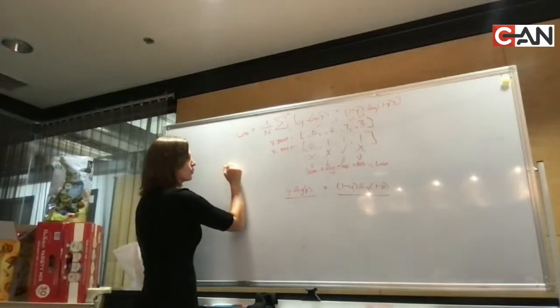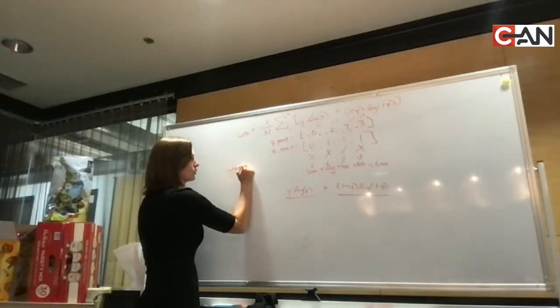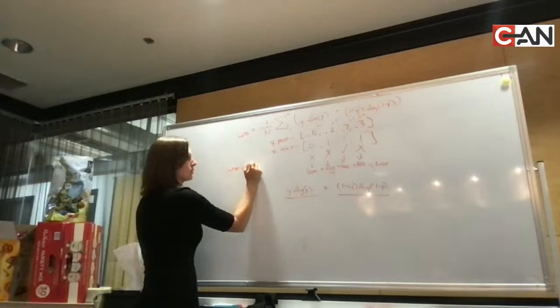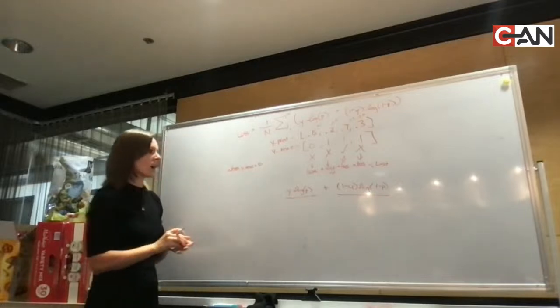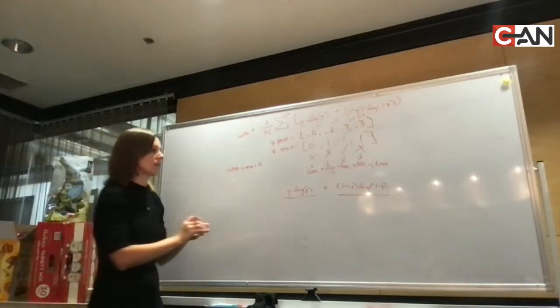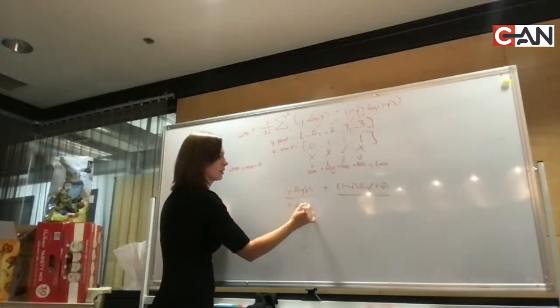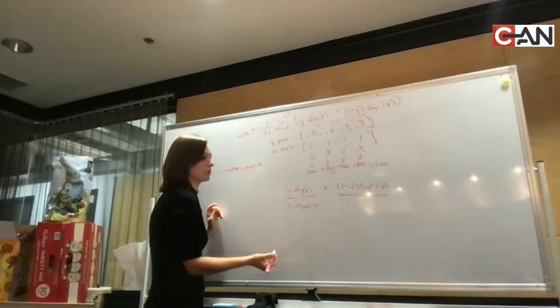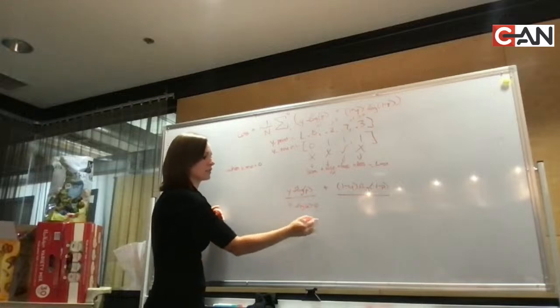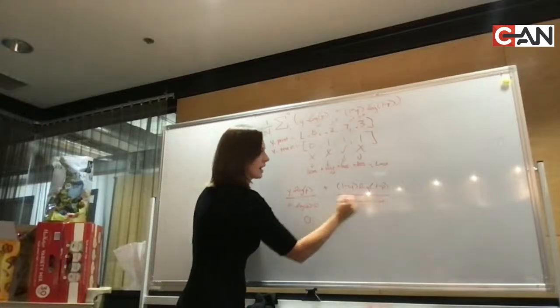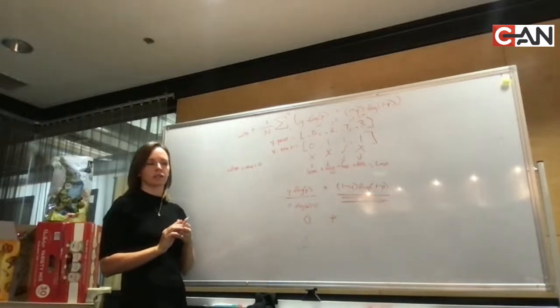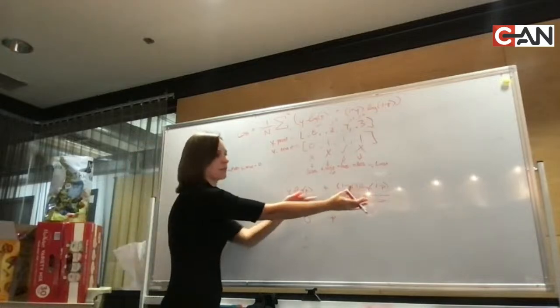When y true is equal to 0, that means we have 0 times log of p, which is equal to 0. So essentially we have 0 plus this half of the equation, which is just this half of the equation.